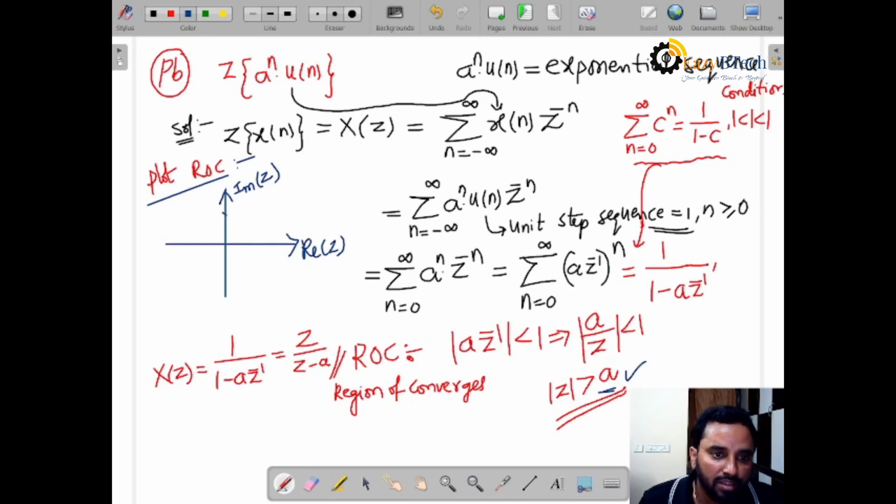So I am drawing the circle. The radius of the circle is a. Now what is the ROC here? Greater than a, outside the circle. So outside the circle we have to draw strips or lines.